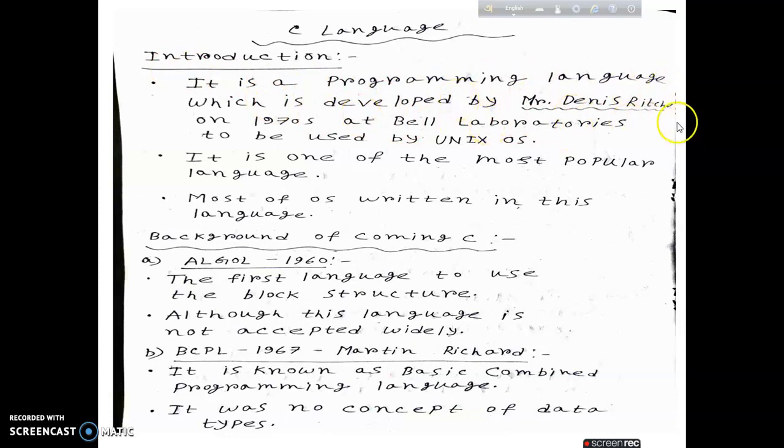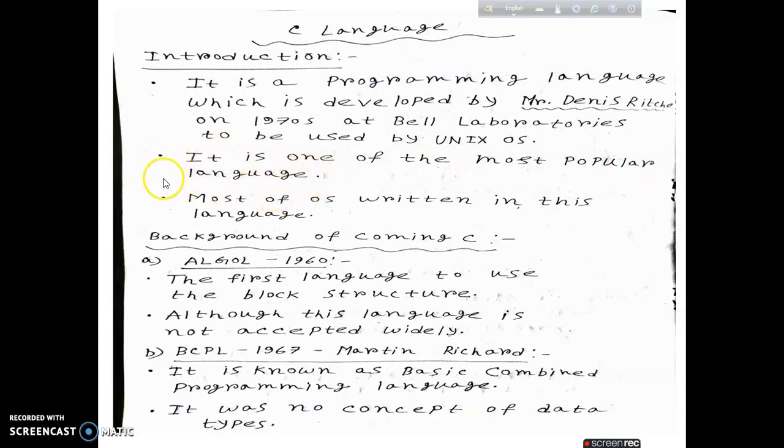Mr. Dennis Ritchie. It is used by the Unix operating system, and it is one of the most popular languages.